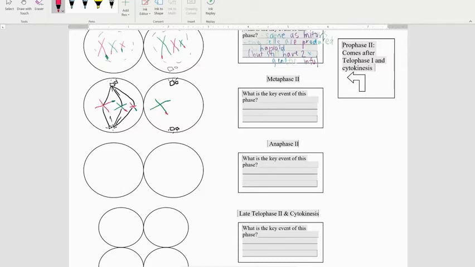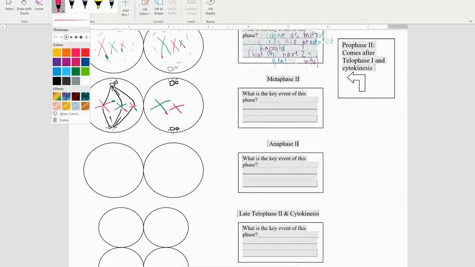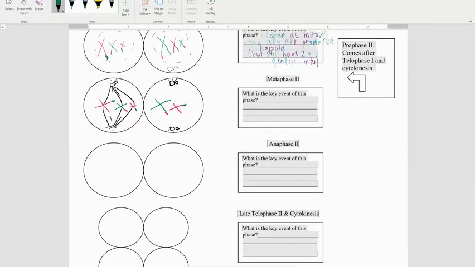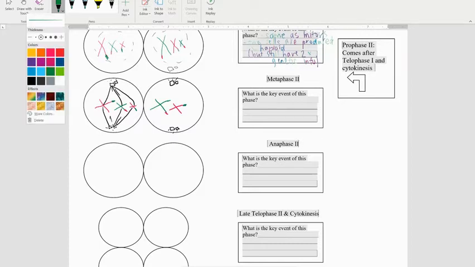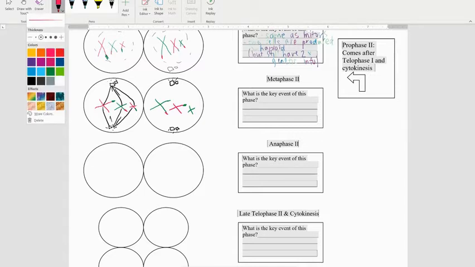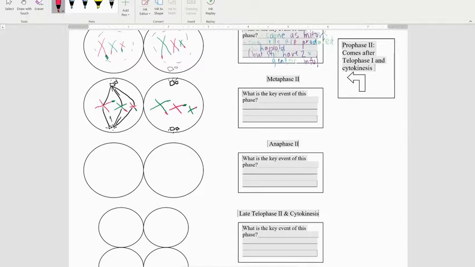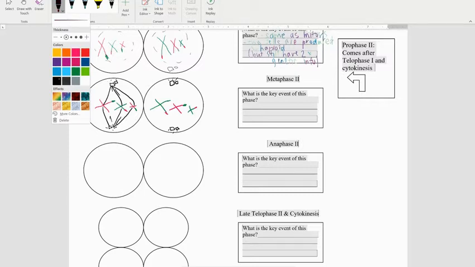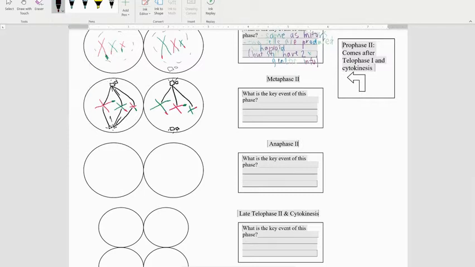Not a big deal either way, as long as I'm drawing that same chromosome there in the middle. Okay, so there are my chromosomes. Let's draw in those spindle fibers. Okay, so there are my pictures for metaphase 2.